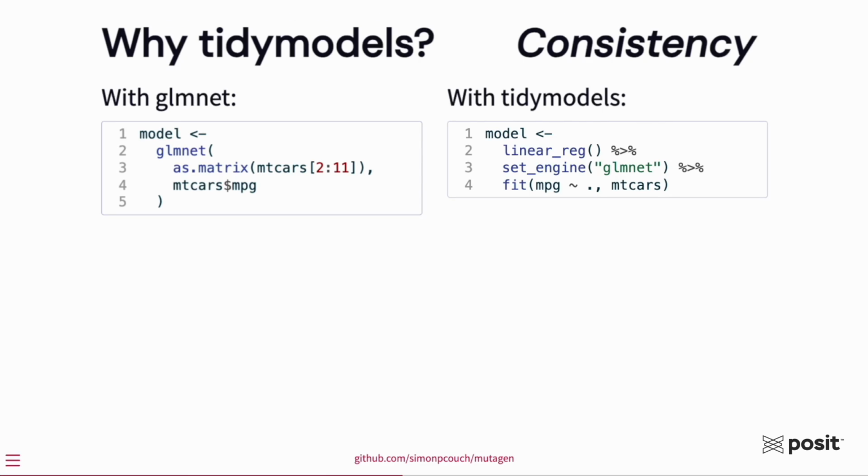Then instead of the name of the outcome variable like it was in LM, the outcome here is specified as the actual vector of values in the mtcars dataset. So that's mtcars$mpg.